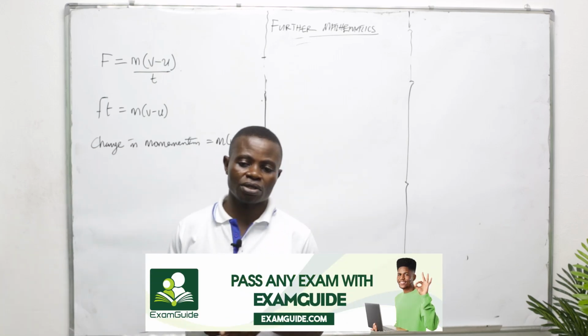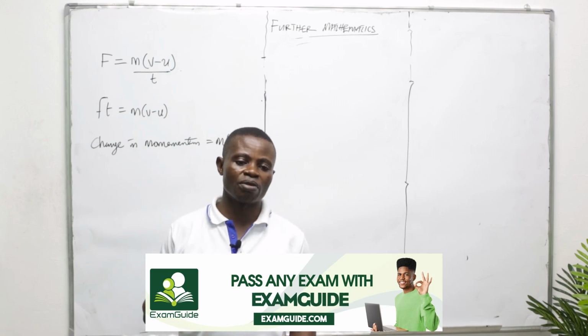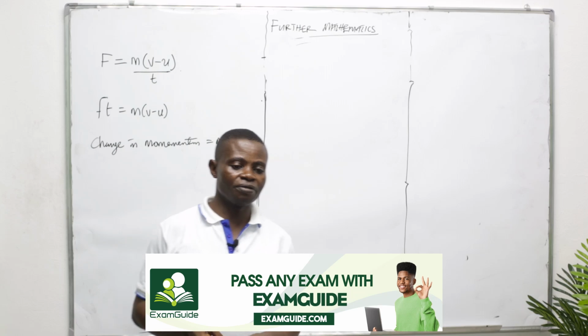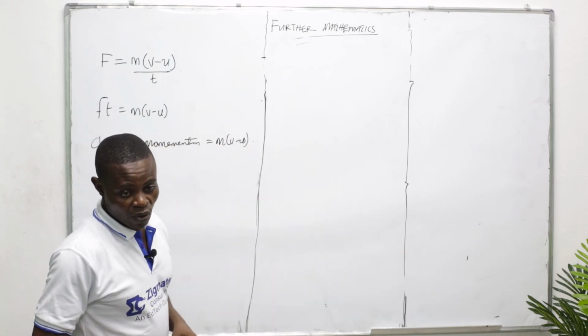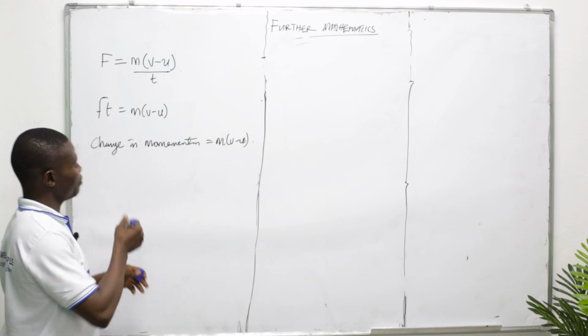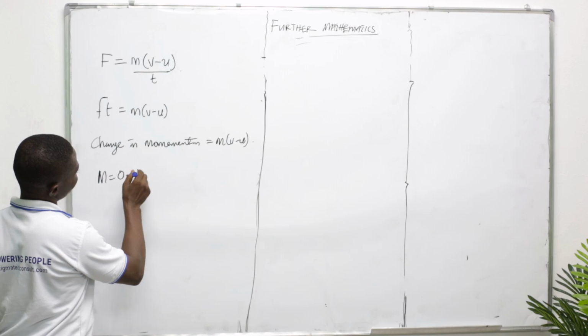Now, let us bring back our attention to what? Further mathematics. It is not pure physics, though. The knowledge of physics is very important for us here. We'll have mass M equals 0.1 kg.